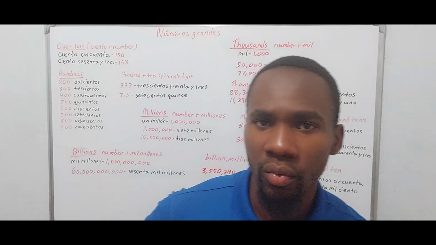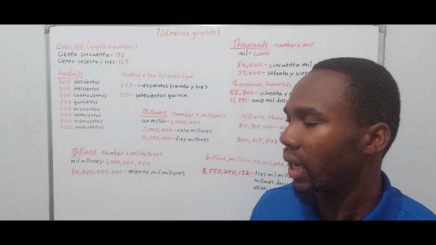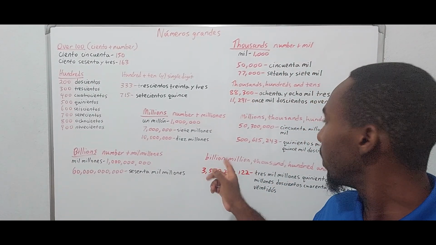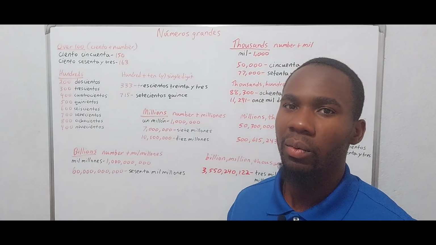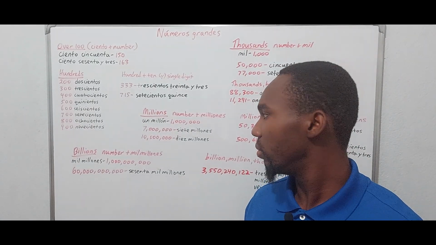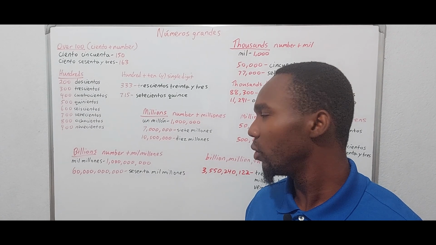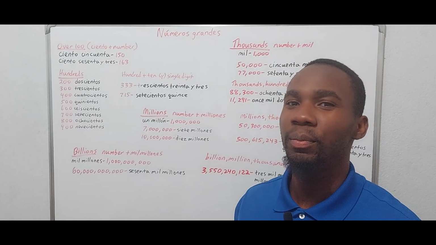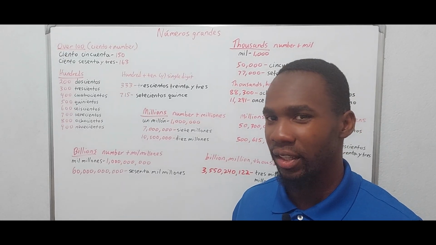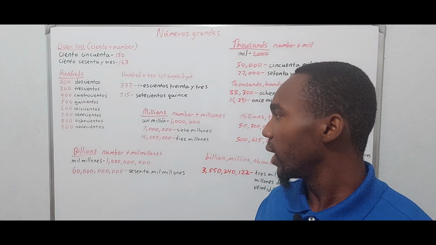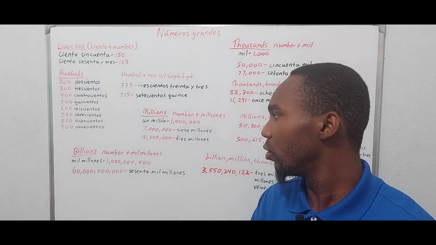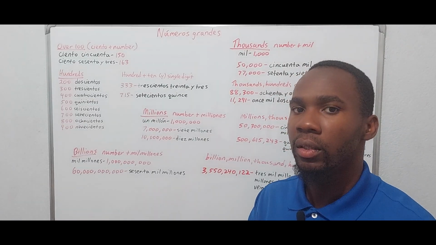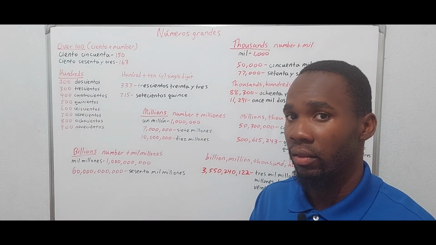Now, we are going to look at billions. We don't usually use numbers this large, but I want you to be the best, so I want you to know everything, all right? When it comes to billion, it's going to be a similar formula to millions.